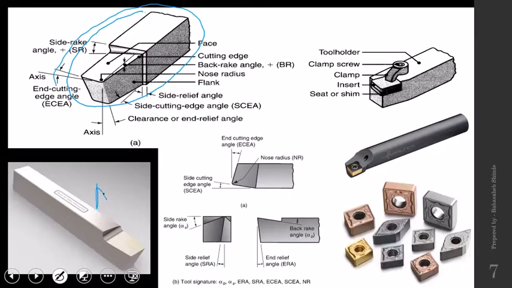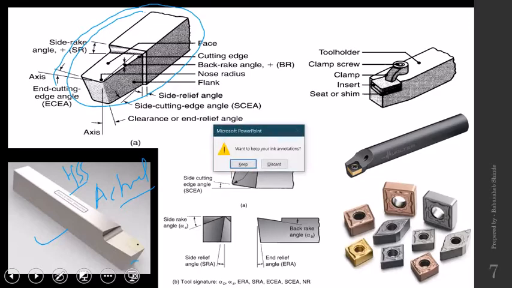And this is the actual view. This cutting tool you might have used while working on the lathe machine. You might have got it in terms of a square bar made of HSS, high-speed steel, and then by grinding its various faces, you might have converted it into a single point cutting tool.